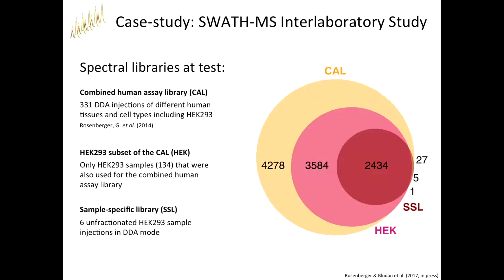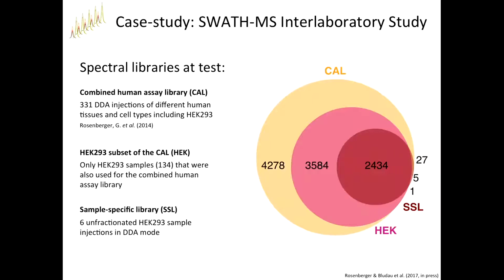And this basically consists of 331 DDA runs from different cell lines, including HEK-293. And the second library that we used was a HEK-293 subset of these samples that are represented in the combined assay library. And these were only 134 runs, and the last one is the sample-specific library, which we built from 6 unfractionated HEK-293 samples from this Interlab study.